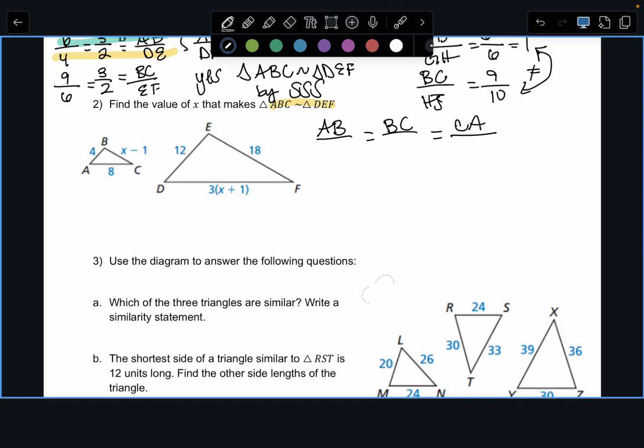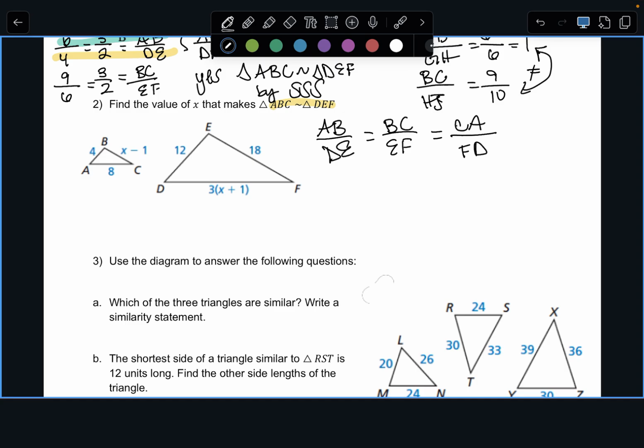Those are all 3 of my sides. I'm going to use my statement to match my sides. So AB has to go with DE, the first 2 spots. BC is in the last 2 spots. That has to go with EF. And then CA is the last and the first. That has to go with FD.